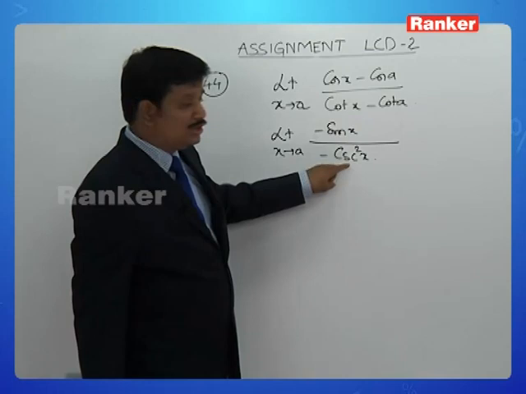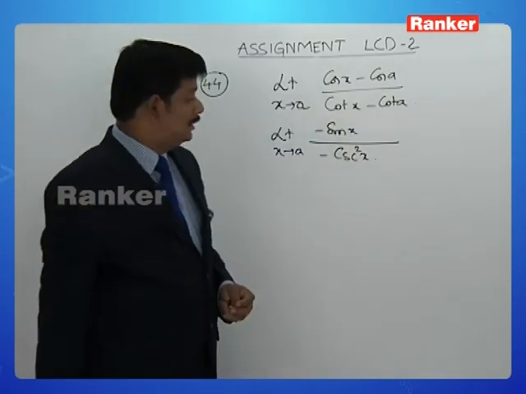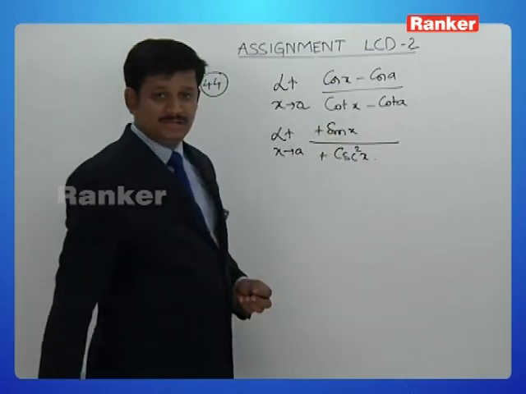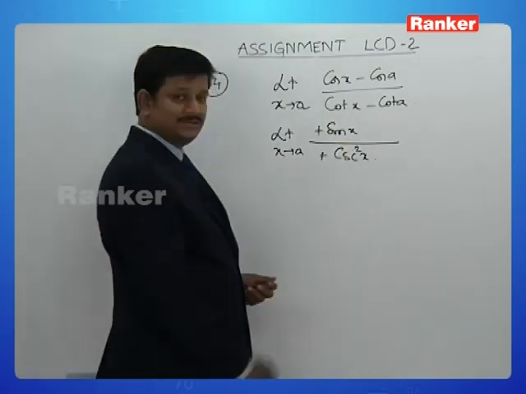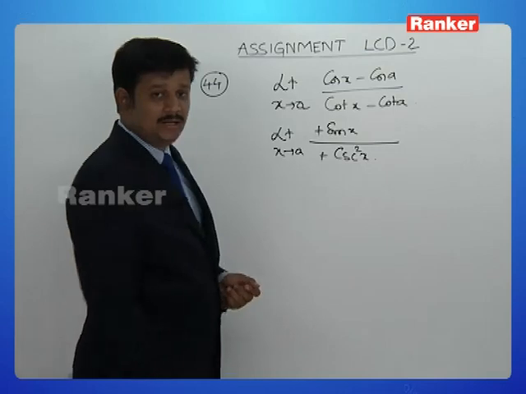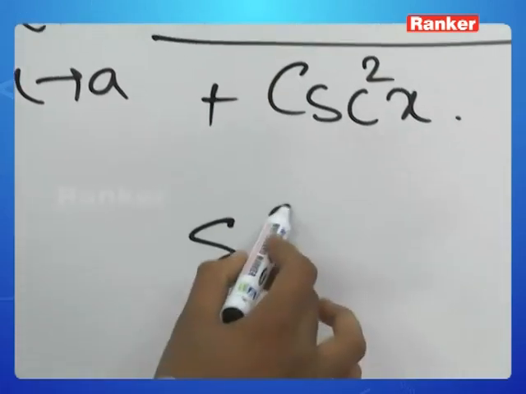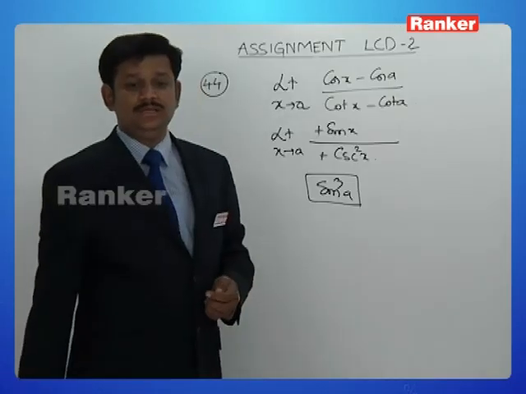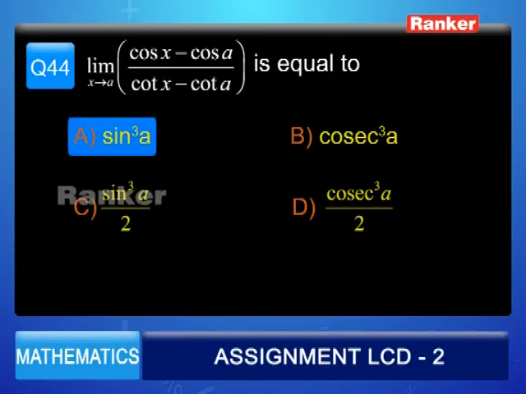Cosecant square x in the denominator goes up and becomes sin square x. Minus sign and minus sign we can cancel. So sin cube x as x tends to a is sin cube a. So the answer for this question is sin cube a, which is option A.